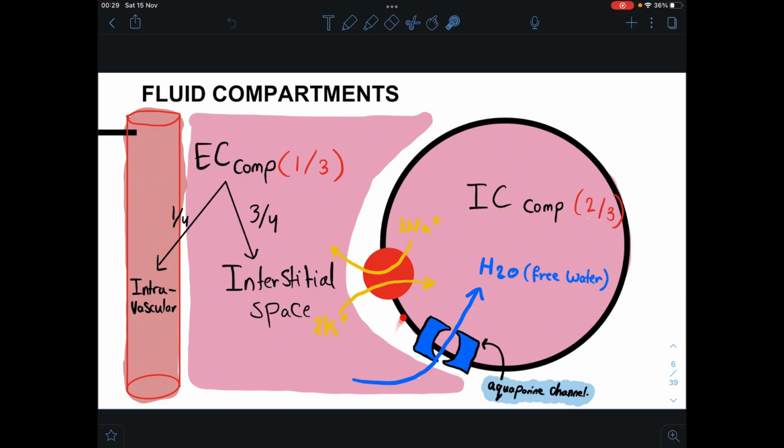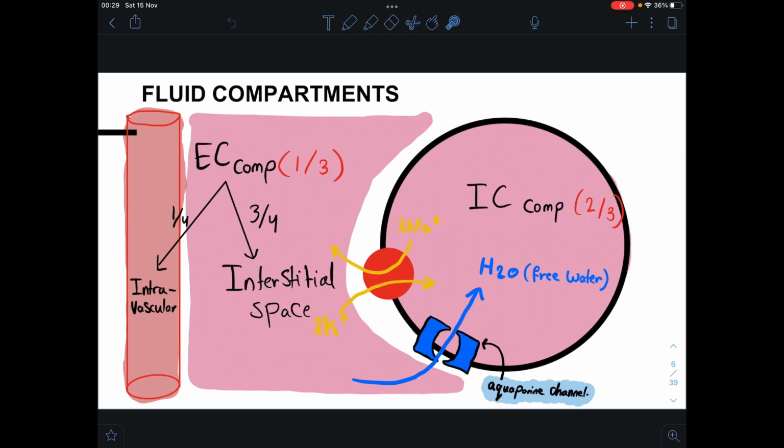And you can see that cells have aquaporins, and if you were to give free water in someone's veins, like dextrose 5 water, or just drink free water, the free water would travel instantly from the intravascular to the interstitial space and instantly into the intracellular compartment, while solutes like sodium and potassium need active transport to move.